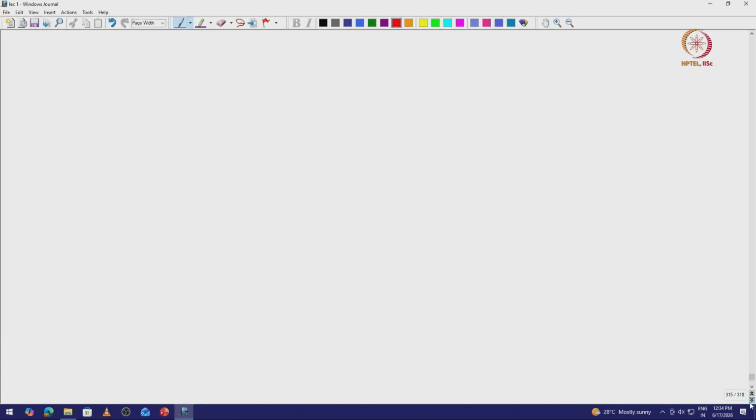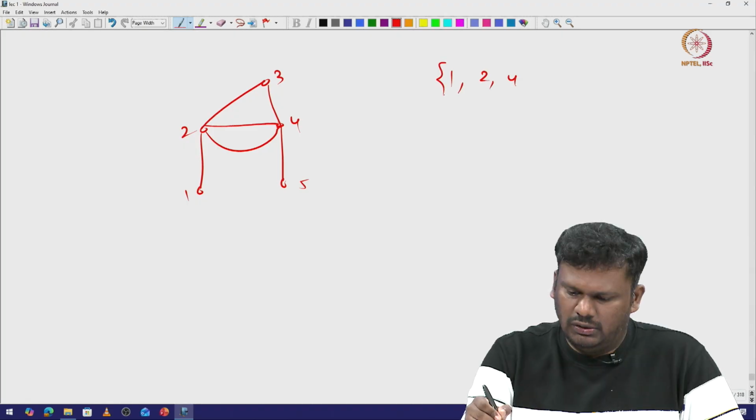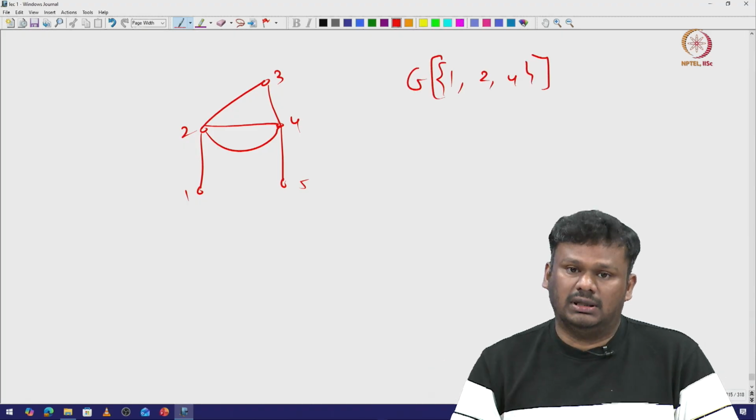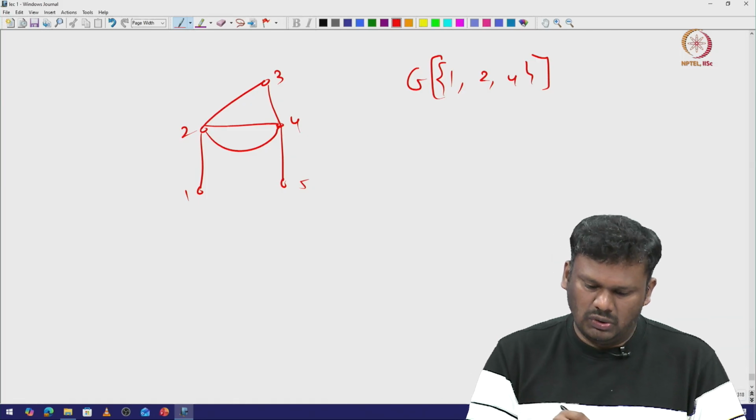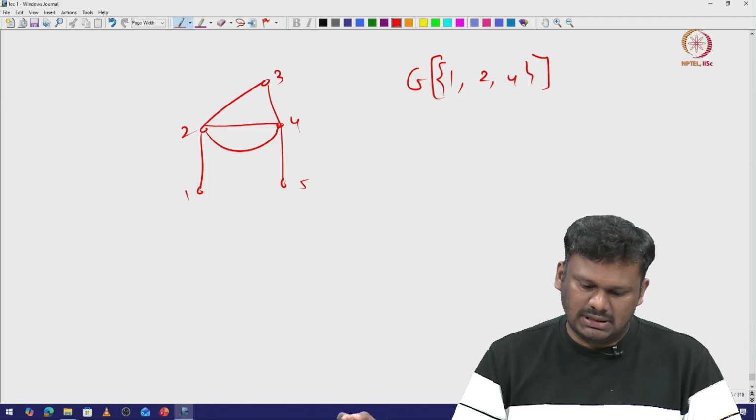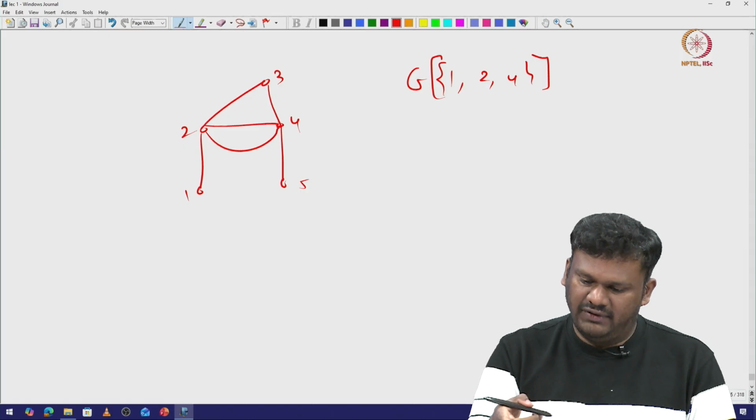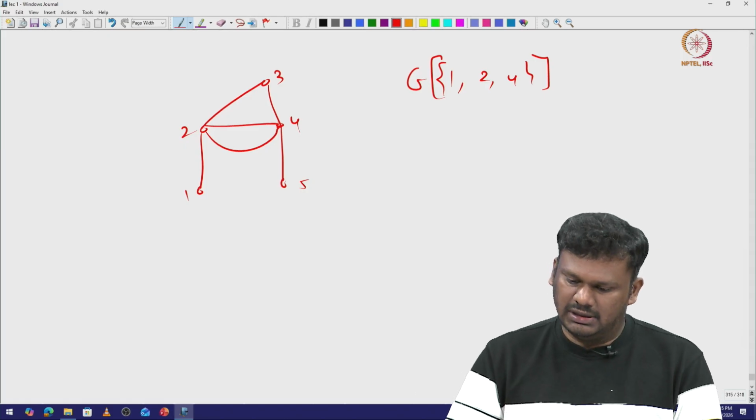Okay, let us look at some example. Let us say I have a graph something like this. Now, I have these vertices, let us label them like this. Let us not worry about labeling of edges. If I take, for example, 1, 2 and 4, and look at the subgraph induced by this, then what is it going to be? It should contain all the edges that have endpoints coming from 1, 2, 4.